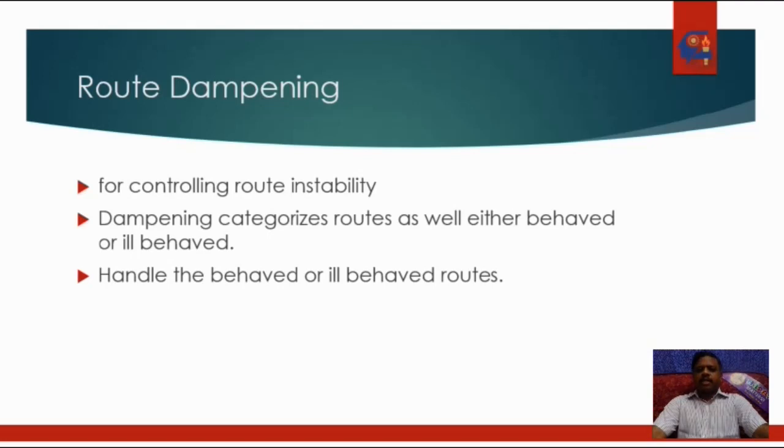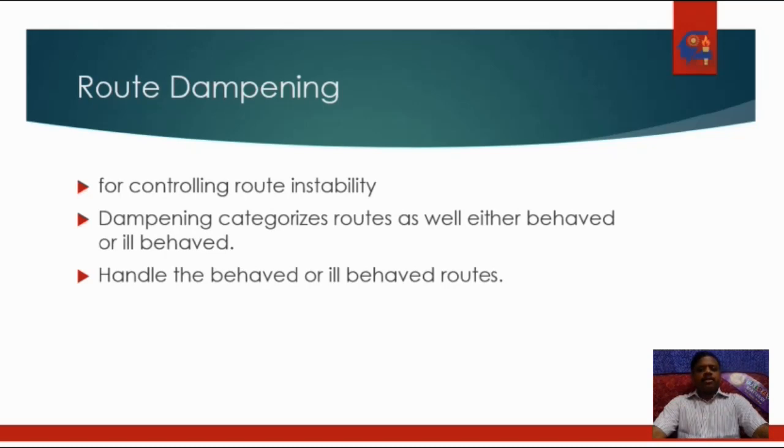To track a route history, it is essential to track the number of times the route has flapped over a period of time. Under route dampening, each time a route flaps, it is given a penalty. Whenever the penalty reaches a predefined threshold, the route is suppressed.